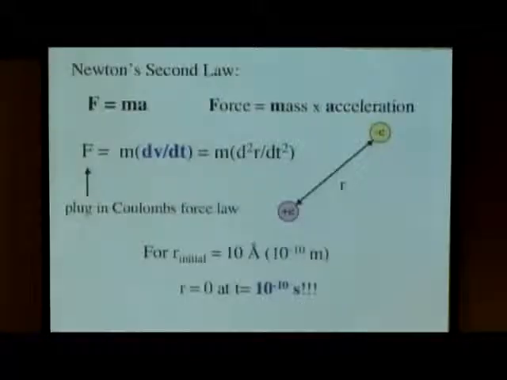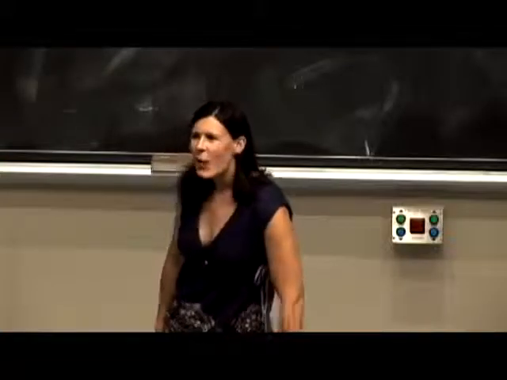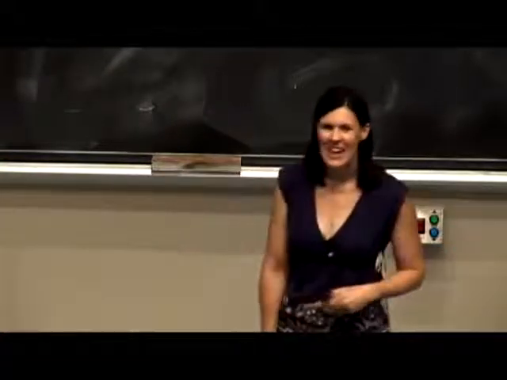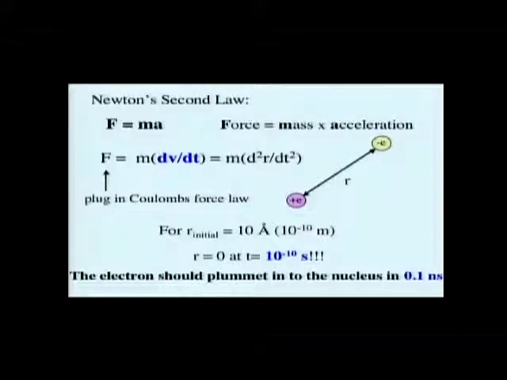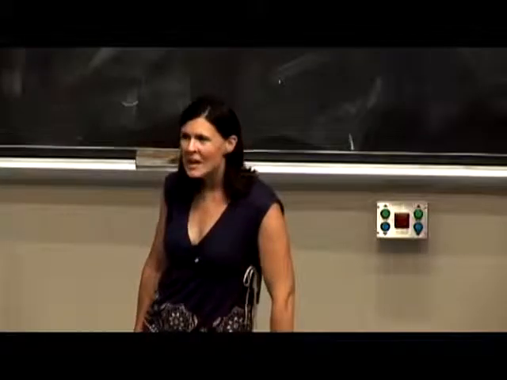And what we find out is that r actually goes to 0 at a time that's equal to 10 to the negative 10 seconds. So let's think qualitatively for a second about what the real meaning of that is. What that is telling us is that according to Newtonian mechanics and Coulomb's force law, the electron should actually plummet into the nucleus in 0.1 nanoseconds.